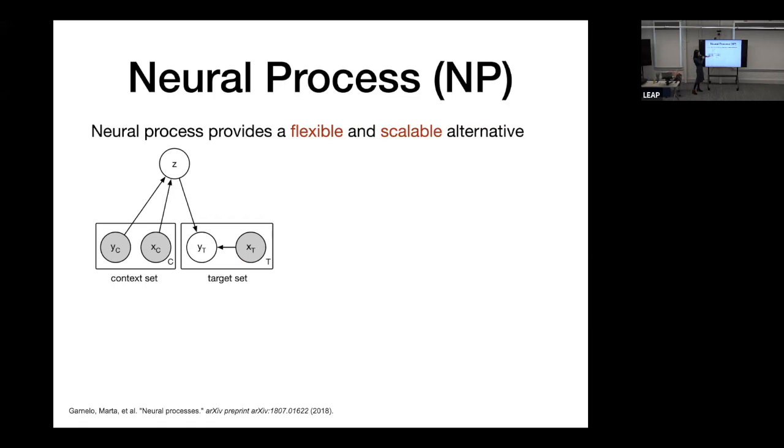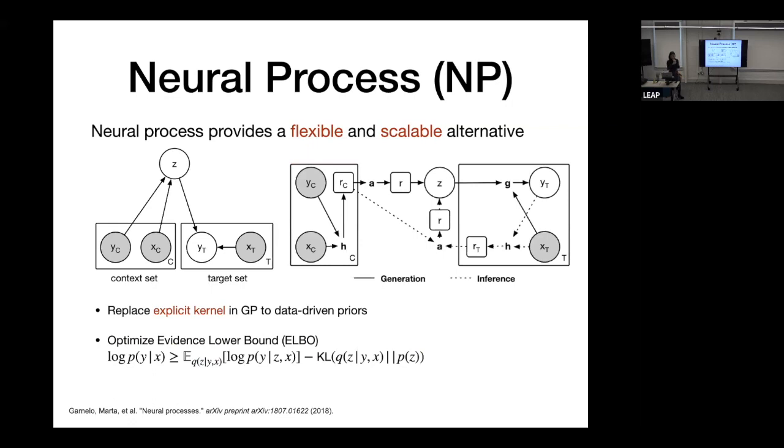These are the conditions, the grounding points. Then we use a neural network to learn a latent variable that can be used to guide the prediction of the unseen points, or target points. So we replace the explicit kernel in GP with a data-driven prior. It's very similar to a variational autoencoder framework.